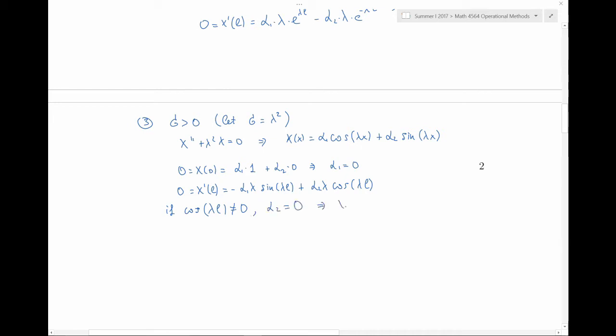And therefore we get the zero solution, so that's not a very interesting case. But if cosine of lambda L equals 0, then alpha 2 can be any constant.